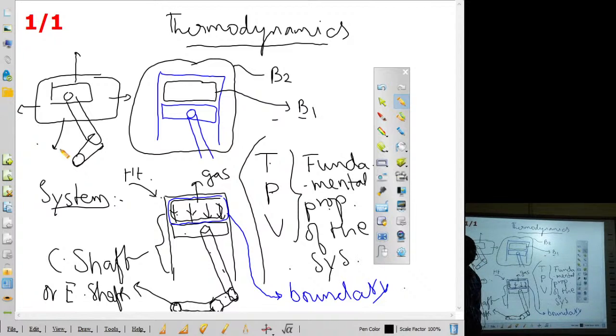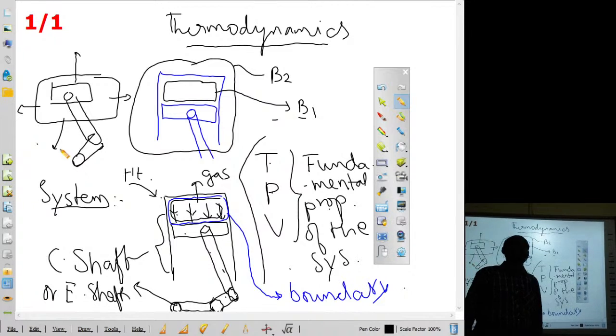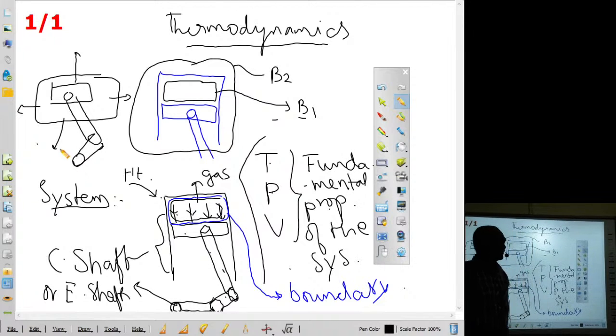Where is the gas? Gas is inside the cylinder. So you have to talk about the cylinder whenever you speak about the engine. So cylinder is inside the boundary B2. We have to speak about the cylinder. So both conditions satisfied for the word system here.